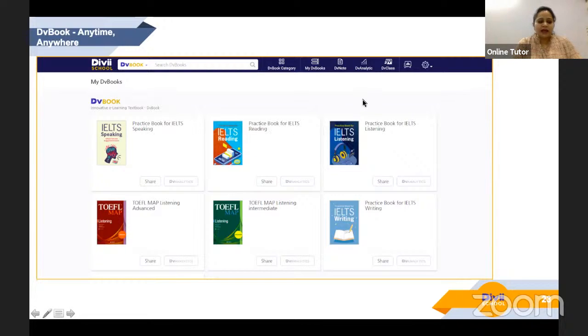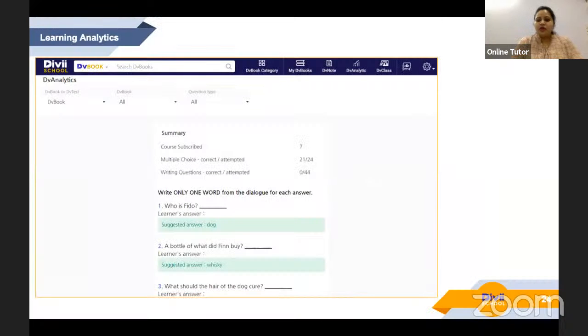There are things like bookmark, there are things like share in the books. You get unlimited practice questions in these books. Now, this is an example of one of the tests.